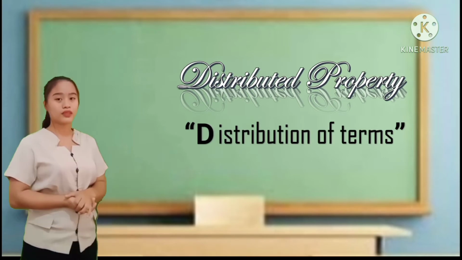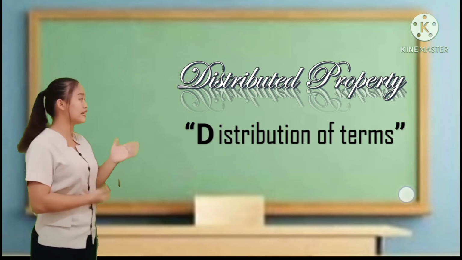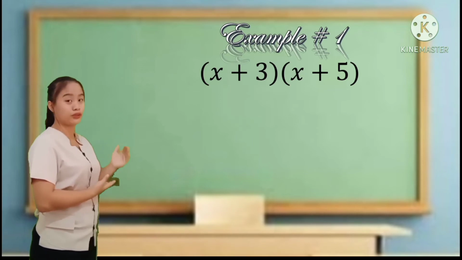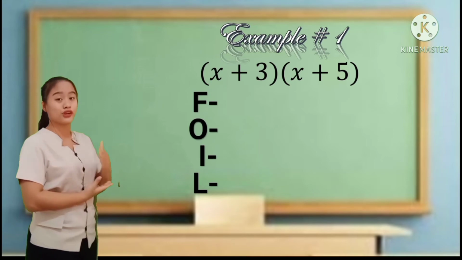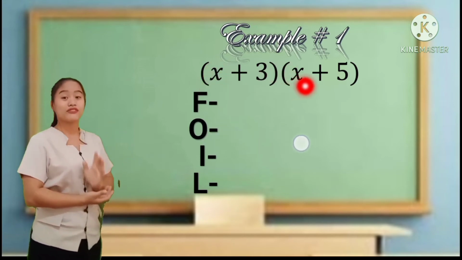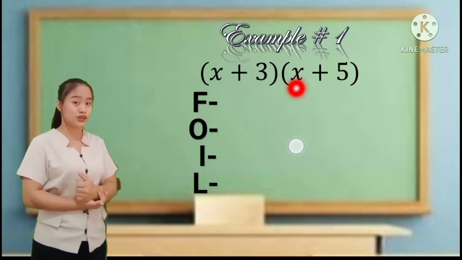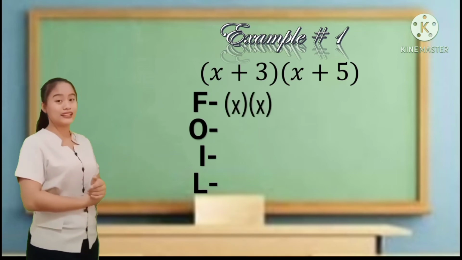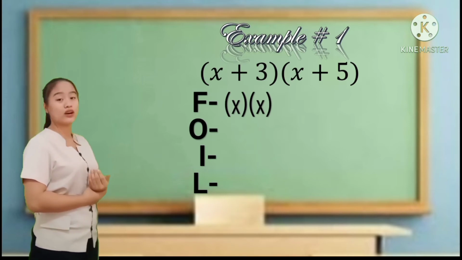Okay, very good. So now, class, here in our example, x plus 3 multiplied by x plus 5, where is the first term? Here, x is the first term in the first binomial, and also x is the first term in our second binomial. Therefore, the first terms of this problem are x and x. Next, where is the outer term?